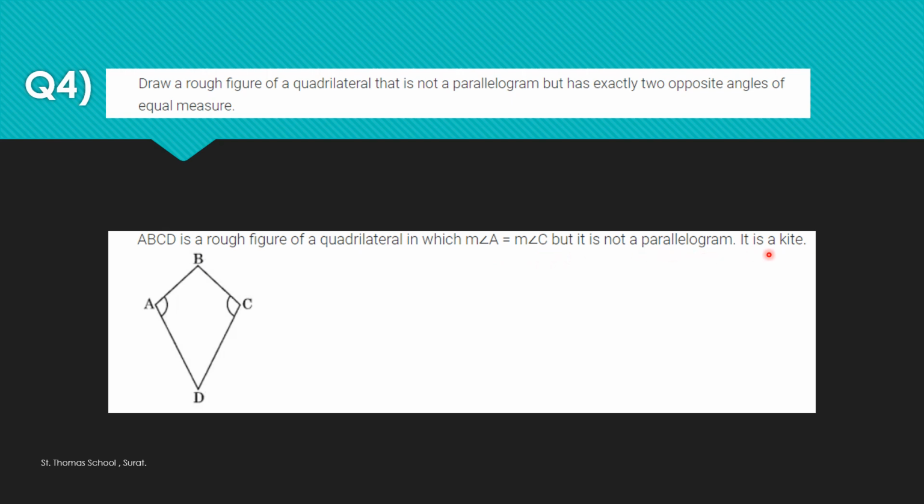That means it is a kite. So draw a kite, and in a kite these opposite angles are equal. It's clear? It is not a parallelogram but the angles are equal. That figure is called a kite. So just draw a kite, and angle A and angle C here are equal.